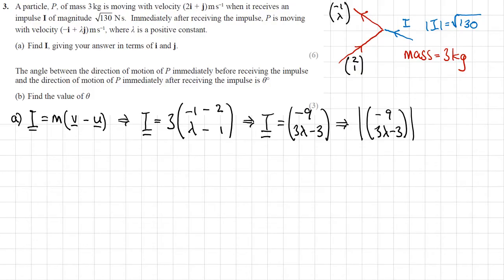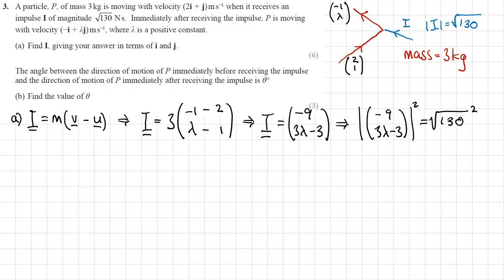Now I know the size of that impulse is equal to the square root of 130. Now I can start actually by squaring both sides. So the size of this, I do Pythagoras. I'm not going to square root it because I'm going to make it equal to 130.